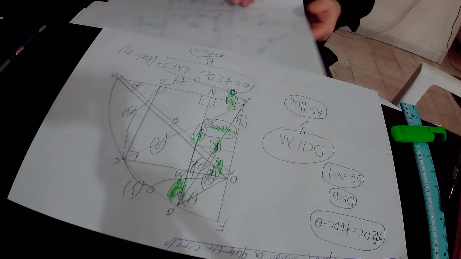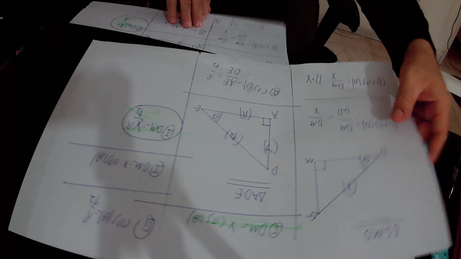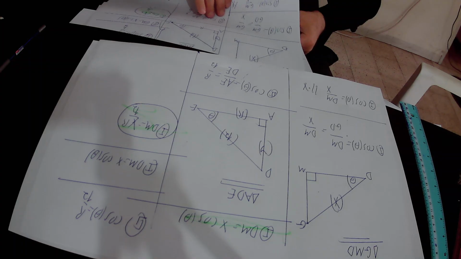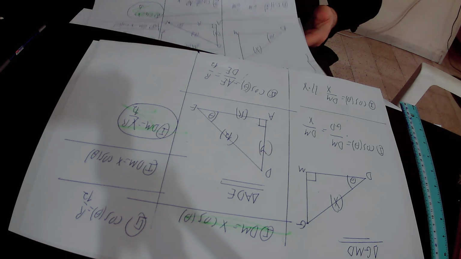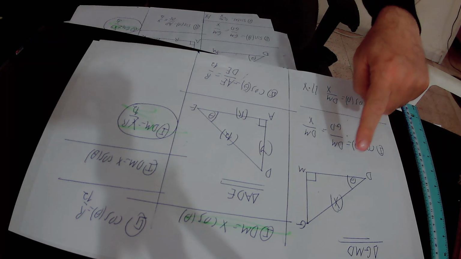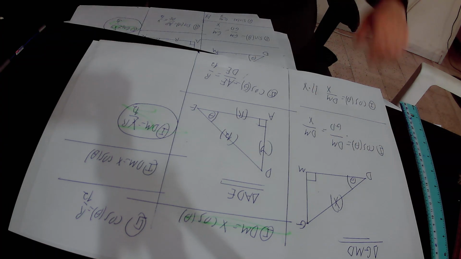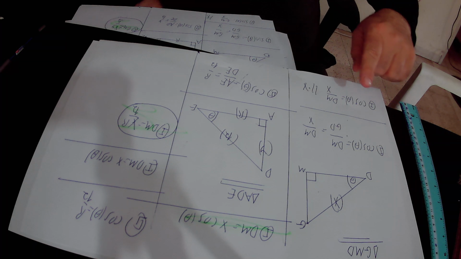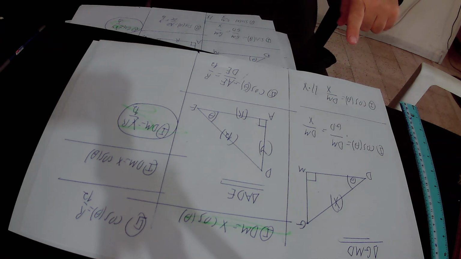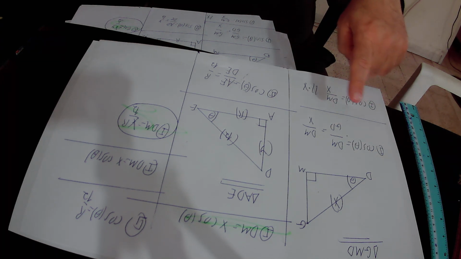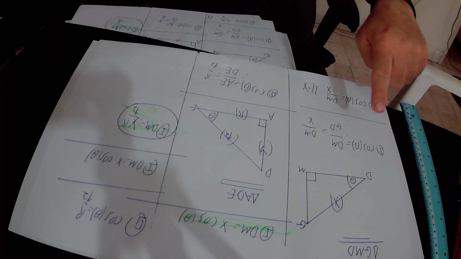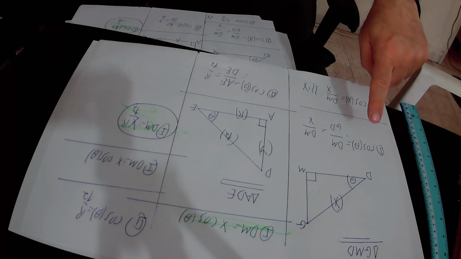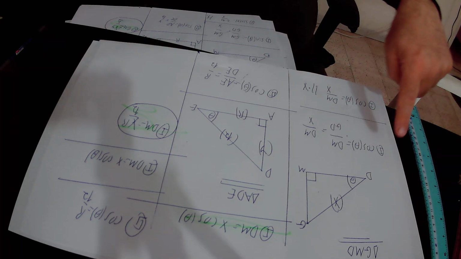So, this is the right triangle GMD that I copied from the original drawing. The hypotenuse GD equals x according to what is given in the question. And this is angle theta. So in this right triangle GMD, it is very easy to see that cosine theta equals DM over GD.